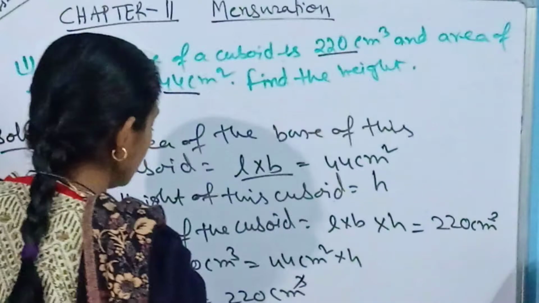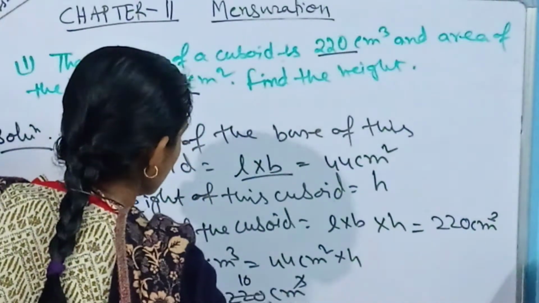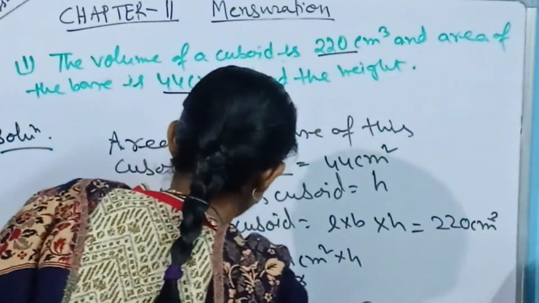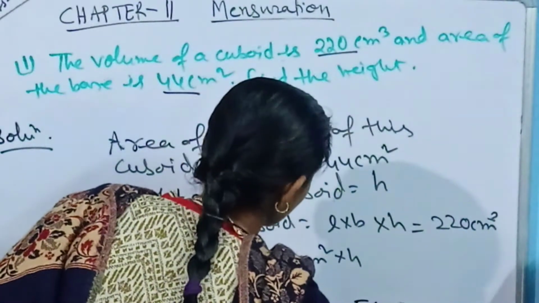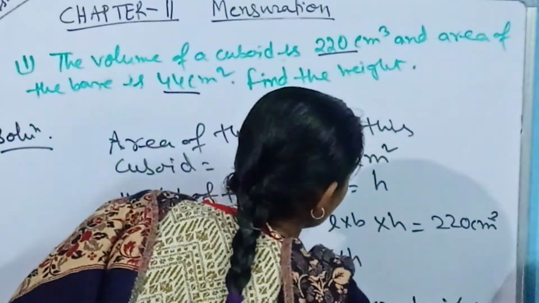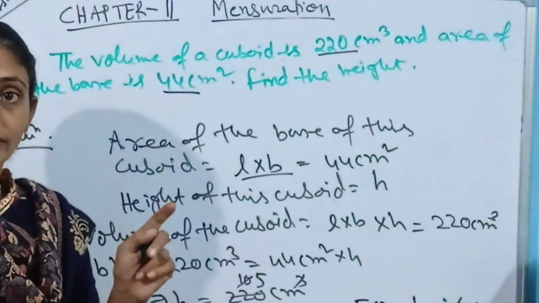Let's cancel: 22 twos are 22, tens are, yes, then 5s are. So the height is 5 centimeter. Yes, this is the height of this cuboid. It was a very easy question.